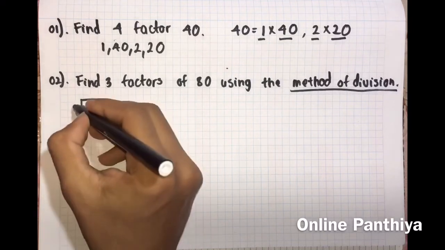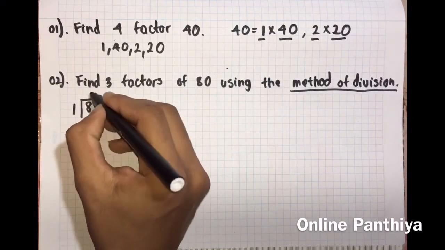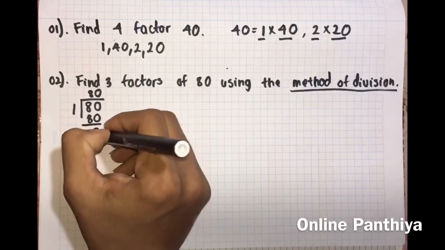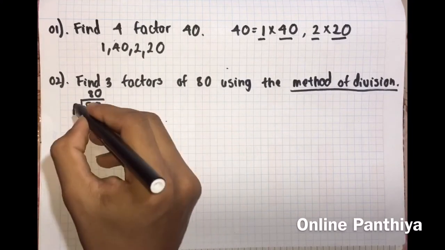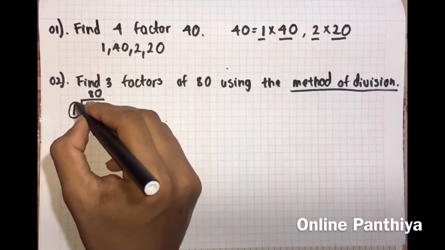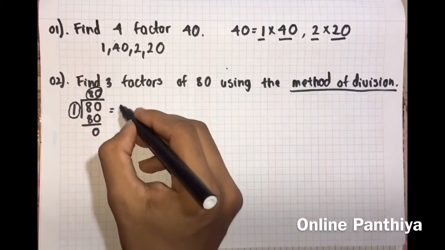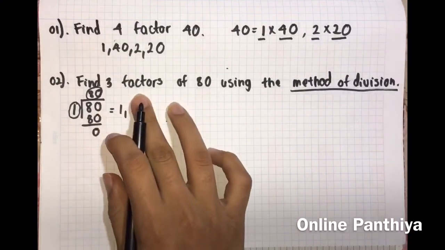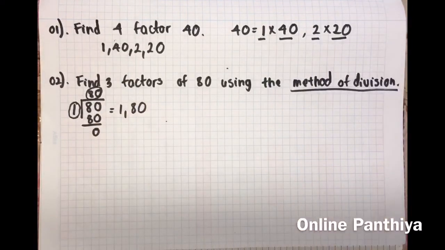Now if I start from 1, how many ones are there in 80? 80. Therefore 1 times 80 is 80, remainder is 0. So you can say this is a factor, this and this. So 1 and 80 are factors. Altogether you have to write how many factors? 3. That means you have to write one more.